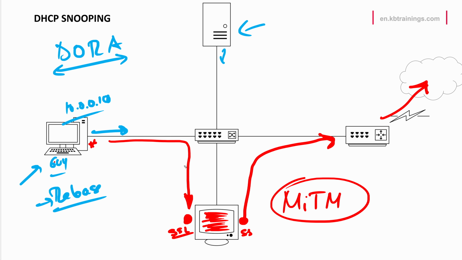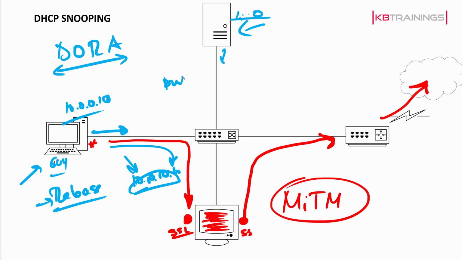Because remember, even if Tom didn't give me an IP, Tom also saw my request. Tom saw that Guy is on 10.0.0.10. Tom can now be messing with the network by sending releases for this IP. So my server will have 10.0.0.10 available and can assign it to other computers, and that will become a problem because we're going to have duplicates.